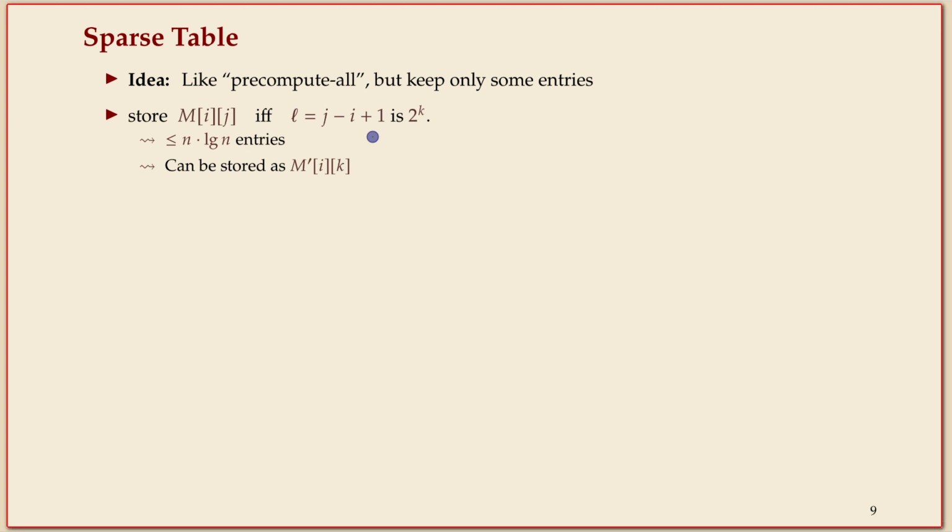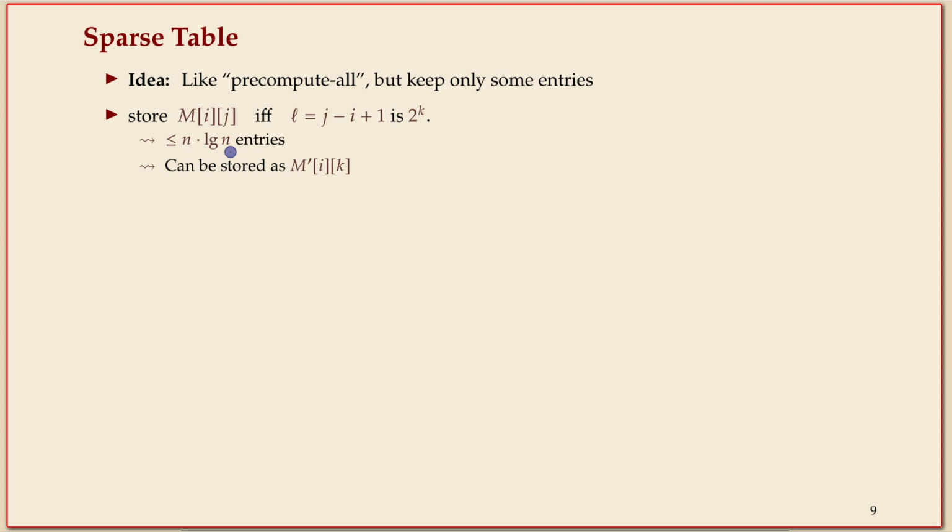They often work, but there's a reason in this case that I'll show you in a second. But let's suppose we do that. How much does that help? We still have all starting positions i, but we don't have all right endpoints j. We only keep those that give us a power of 2. Because the range is bounded by n, there's only log n powers of 2 until you hit the end of the array.